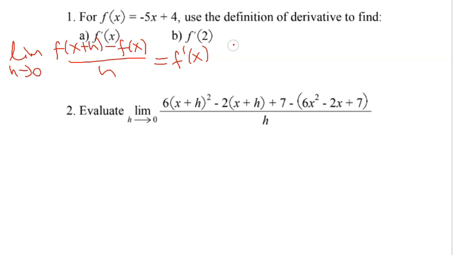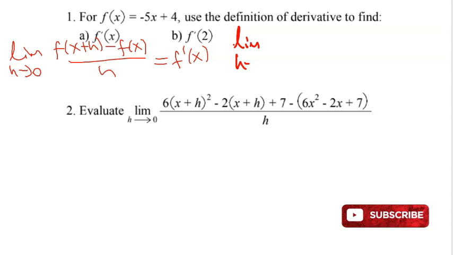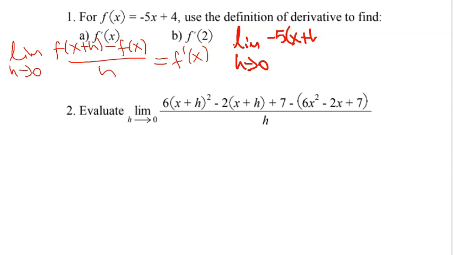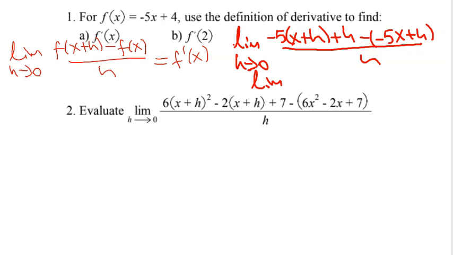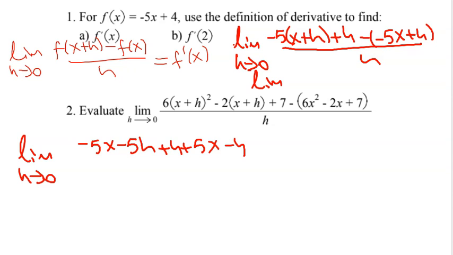So, the limit as h approaches 0. For x, I'm going to replace it with x plus h. So we're going to get negative 5 times the quantity x plus h, plus 4, minus the f of x itself, so minus negative 5x plus 4, all over h. Of course, we have to simplify this expression algebraically. So the limit as h approaches 0 of negative 5x minus 5h plus 4 plus 5x minus 4 over h.